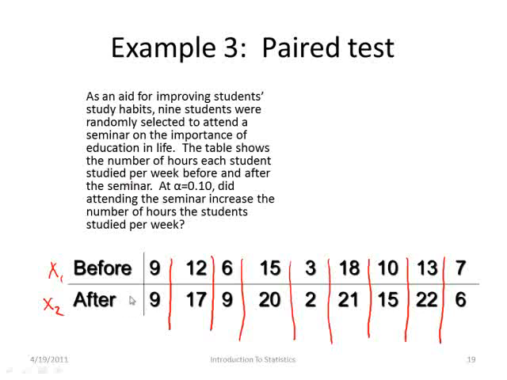In the after. So if the intervention worked, then we would expect these numbers to be larger than these numbers up top, right? What if the intervention didn't work? Then what would we expect with the numbers in both of these populations? They should be relatively close or the same.